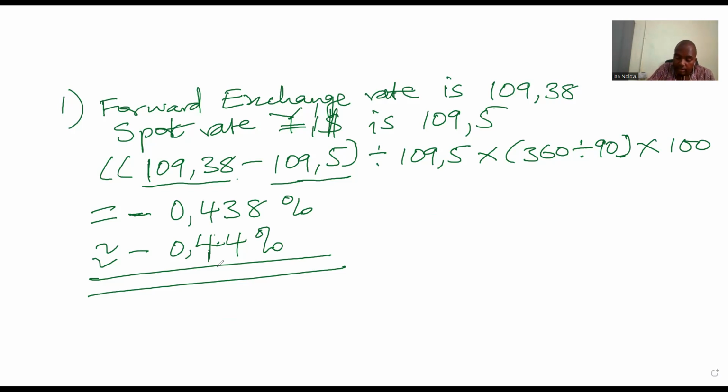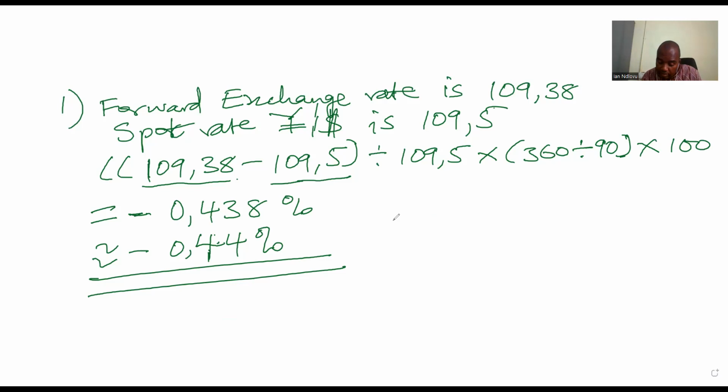Because we expect the Japanese yen to appreciate, it is trading at a premium. So the Japanese yen can only trade at a premium when we have calculated a forward discount, and the forward discount can only be calculated if the spot rate is higher than the forward rate.